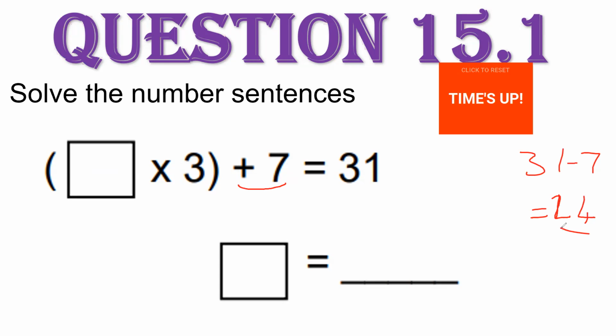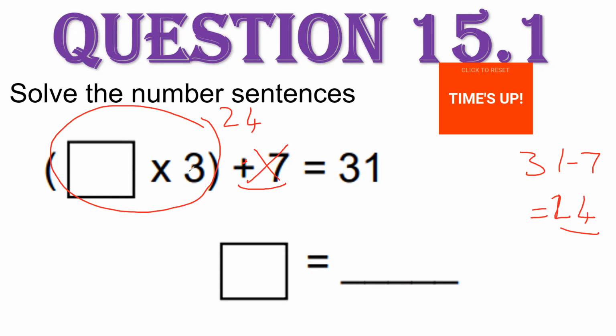So if you remove this, this side is all 24. If you multiply this box by 3, you are getting 24. How do we get it? Just minus 7.